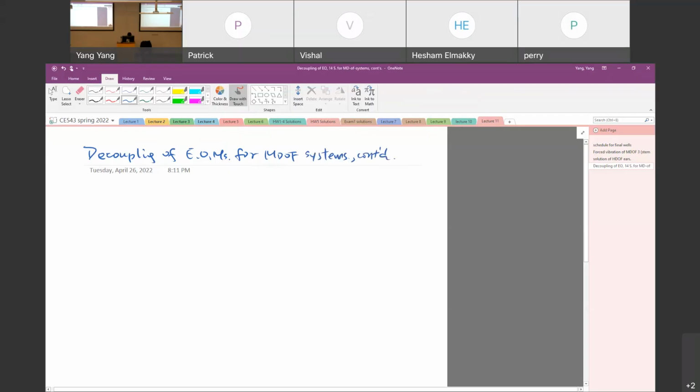So if we express the equations of motion in the regular way, we will have M1 star. So now we will not have a matrix here. We express that in terms of the element times Y1 star.